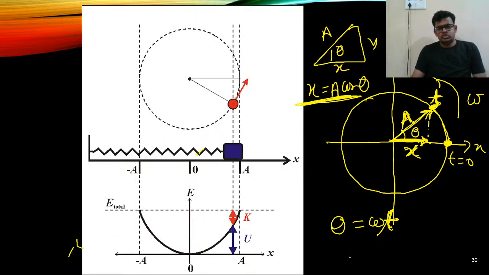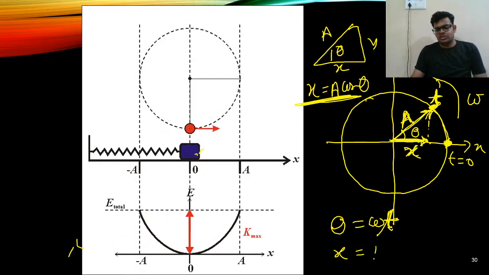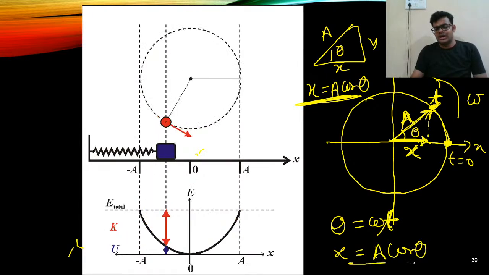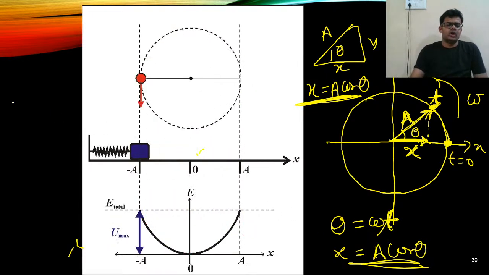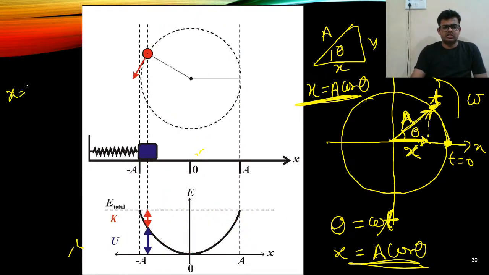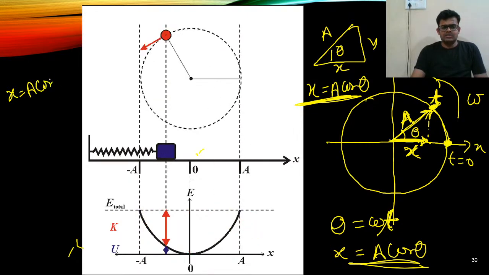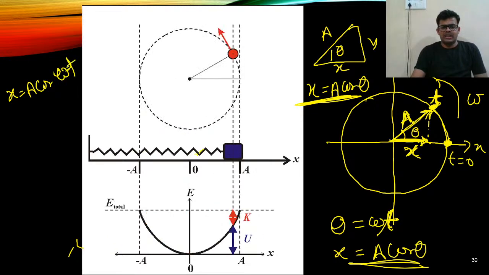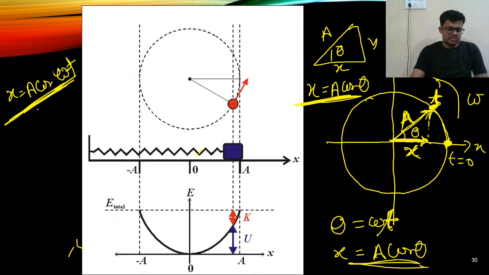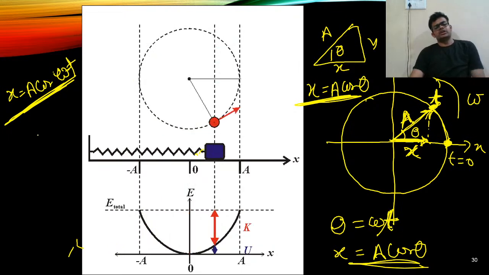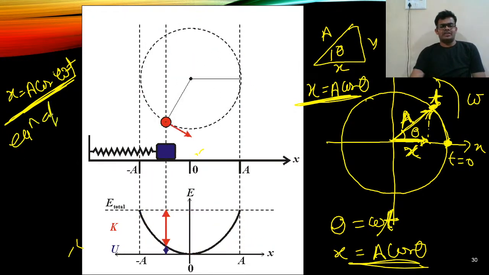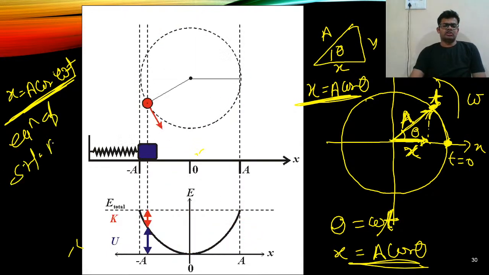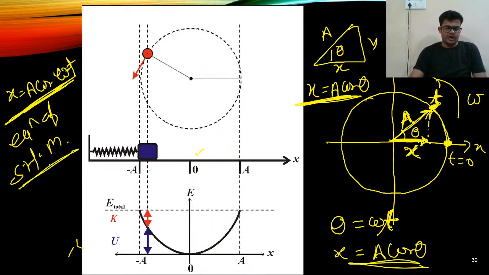So I got the value of x: x is equal to a cos theta. Theta is omega t, so finally the equation I get is x is equal to a cos omega t. This is the equation of simple harmonic motion I wanted to explain to you.